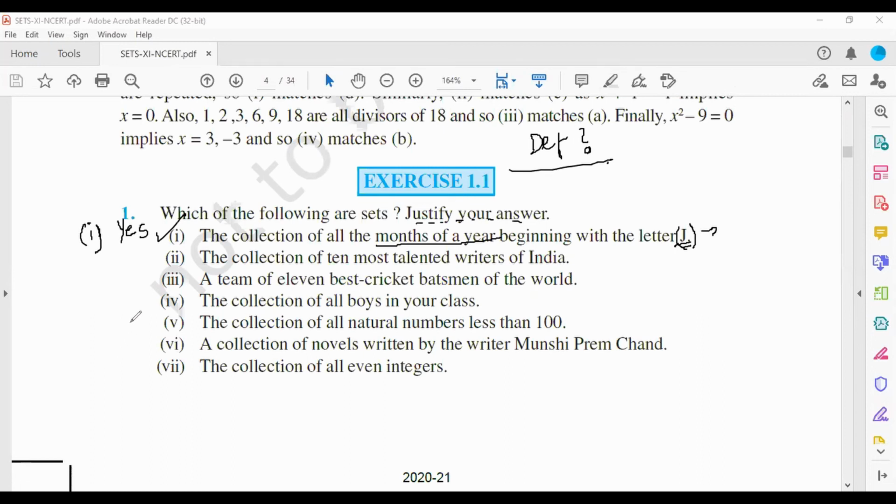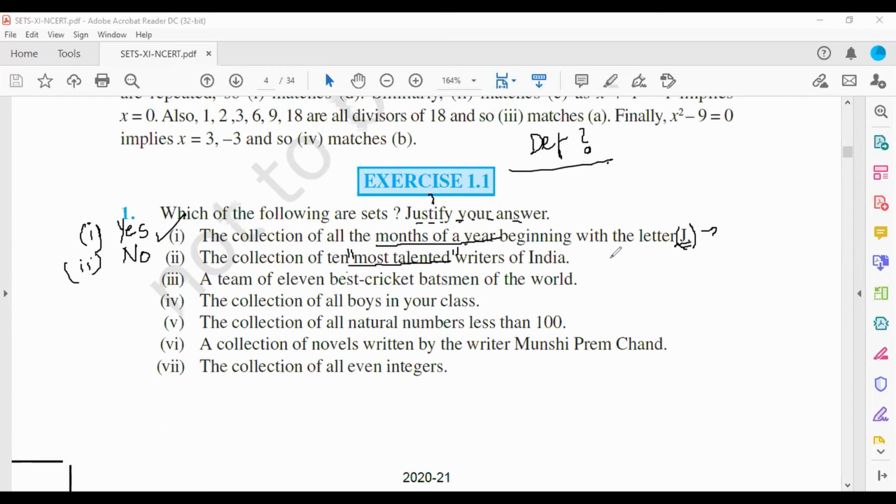Second and third. Collection of 10 most talented writers of India. Not a set, sir. So this is no. Why no? Because the term most talented is not well defined. Very simple, that is the justification.